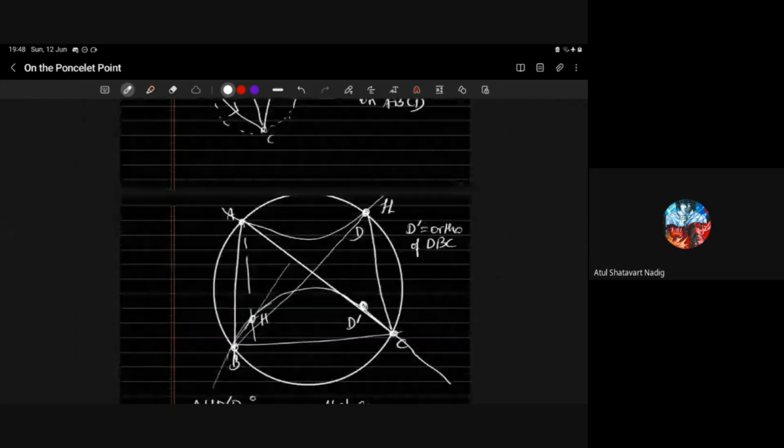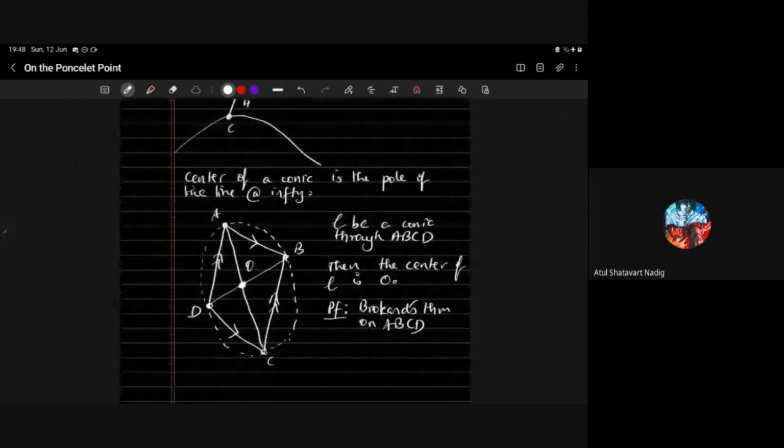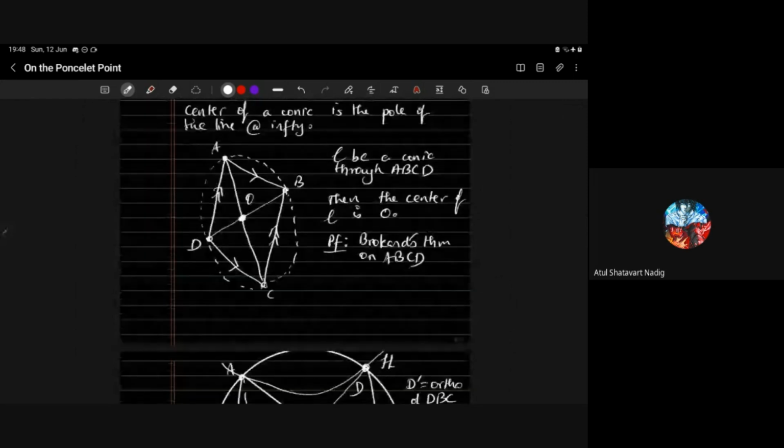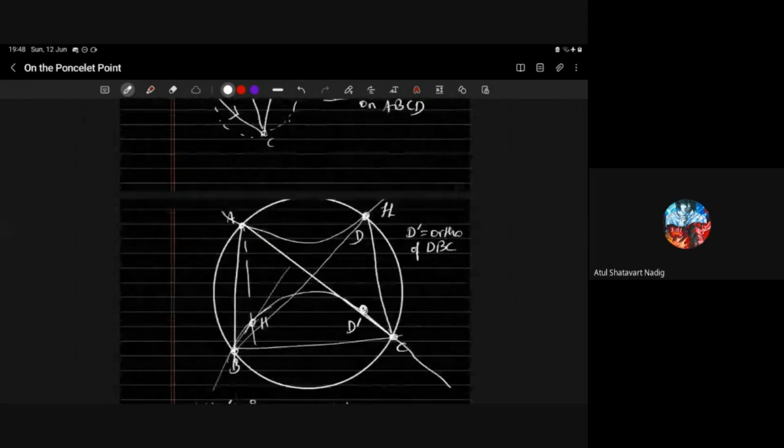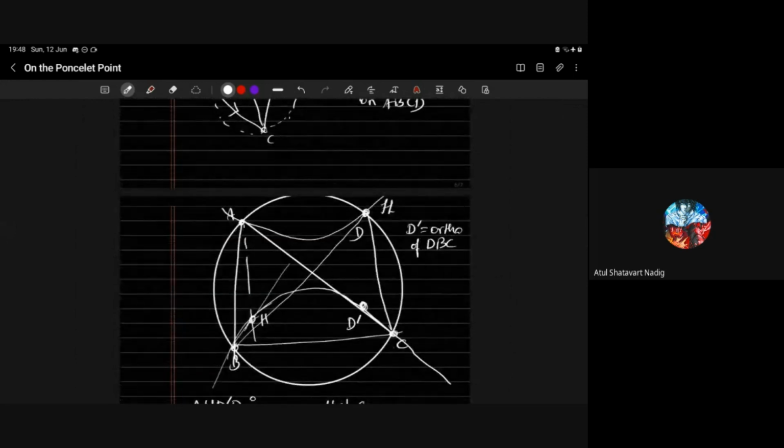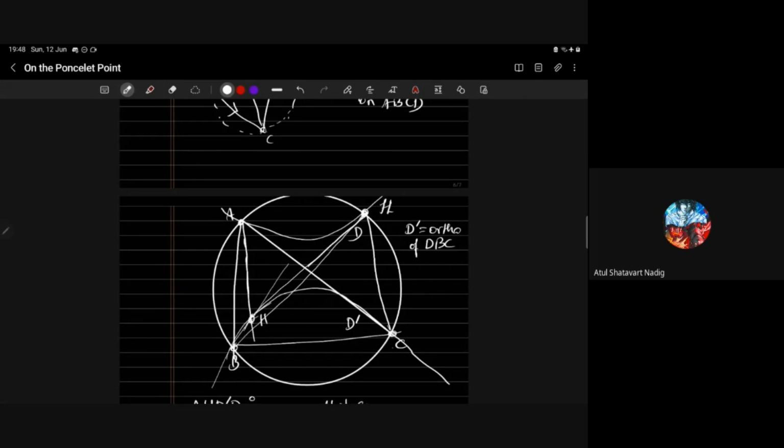Okay, so from this result, which you just did, the center of the conic is the center of the parallelogram. We have a nice result that the center of this circumconic H is the midpoint of DH.